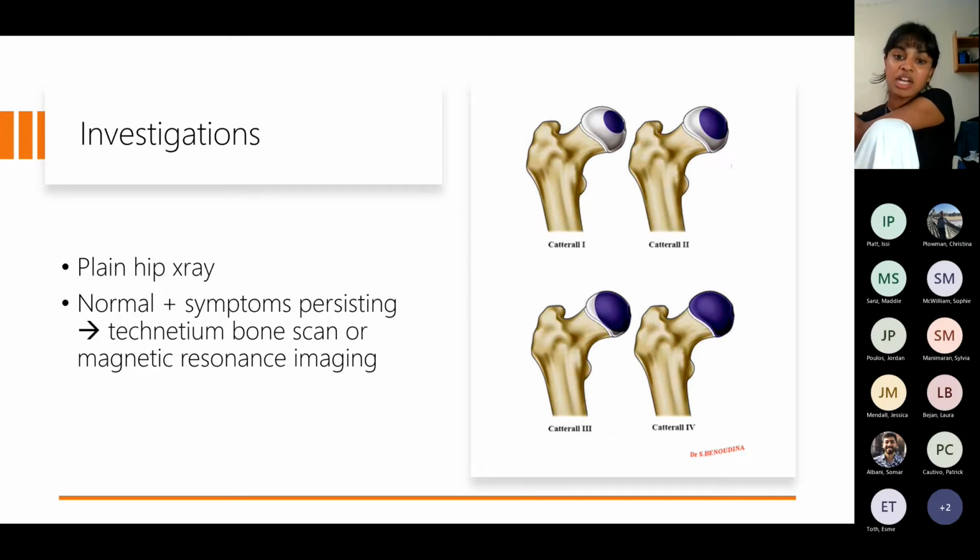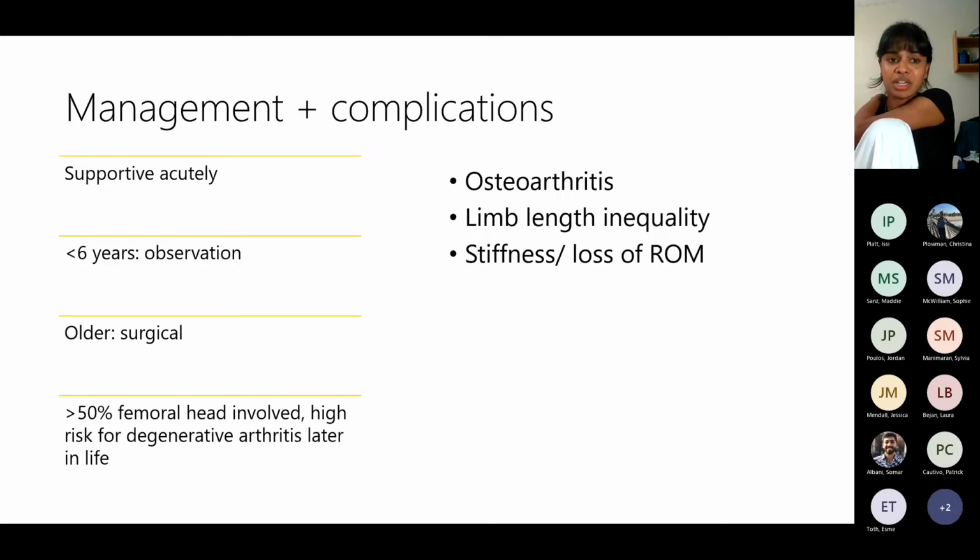What I'm getting at is that the younger they are, you essentially just observe if they're under 6 years old and see if it gets better by itself, because they actually have worse outcomes if you operate when they're like 5, and it can resolve itself sometimes. But if they're older and it's not resolved alone, then they need surgical intervention for it to resolve.